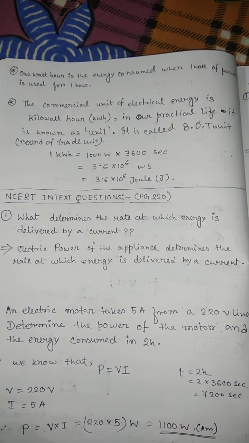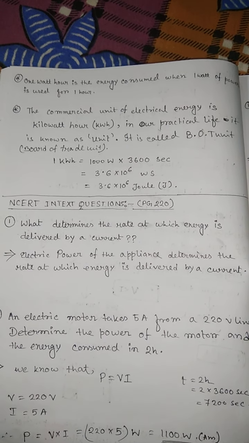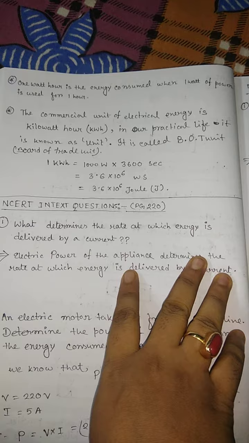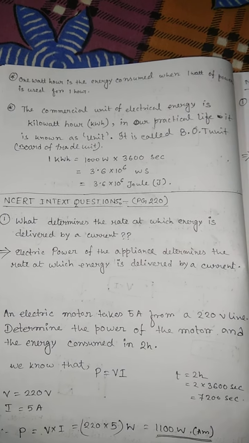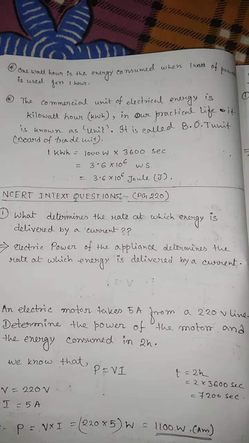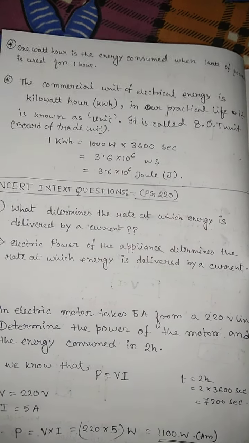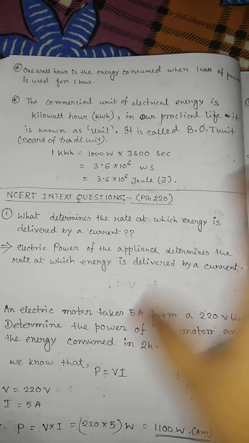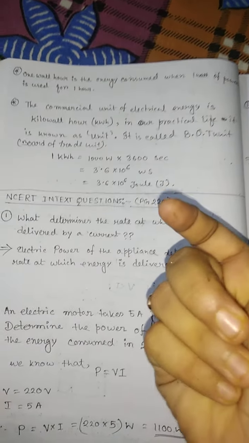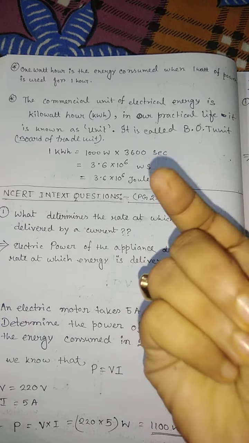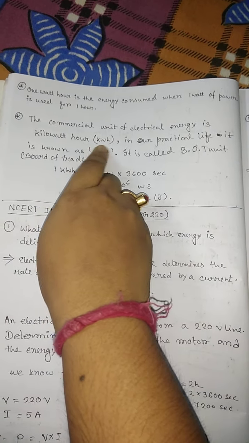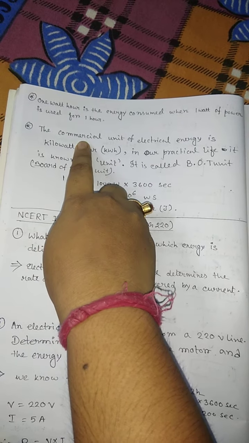In every house there is a meter box provided by the electricity office. After every month or every 3 months, a bill comes showing how much electrical energy was consumed by the electrical appliances in your household, and a certain amount is written there. That unit is kilowatt hour.